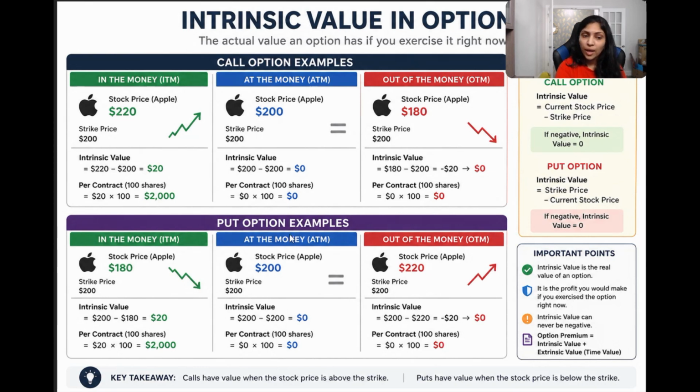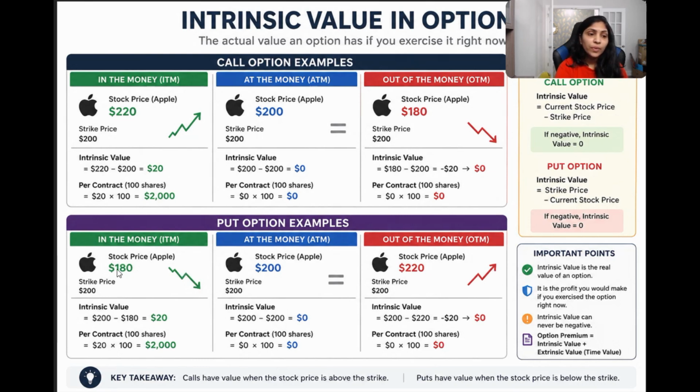And for the put option example, this is quite opposite, because previously in the call buys, we are expecting the stock price to go high, then we are going to win. But here it's opposite. When you buy a put, when the stock price goes down, you will get the money.